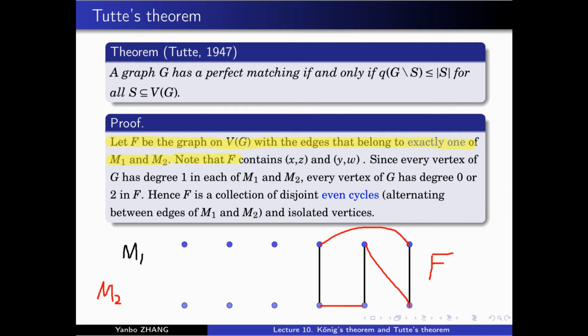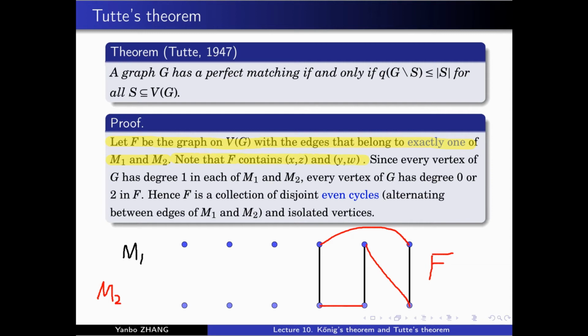Note that F contains the edge XZ and the edge YW. Because the edge XZ is in M1 but not in M2, and the edge YW is in M2 but not in M1, then F contains XZ and YW.